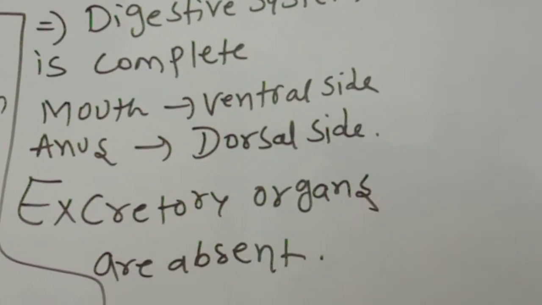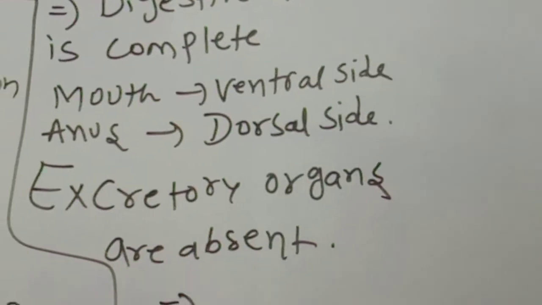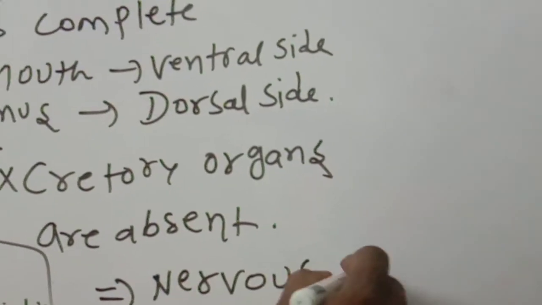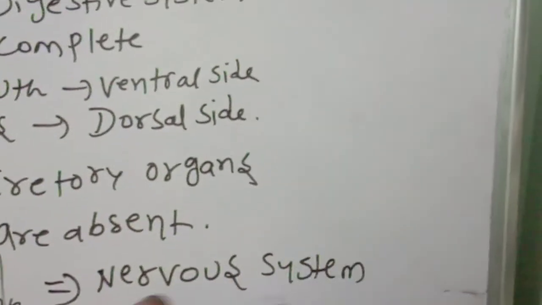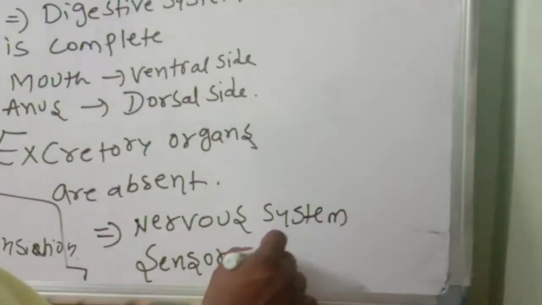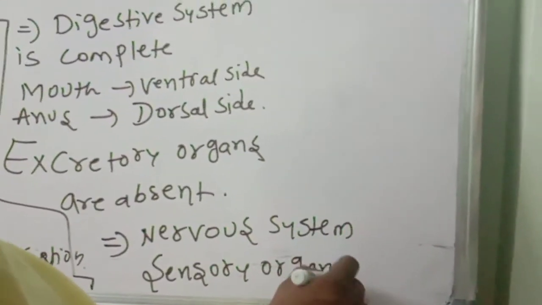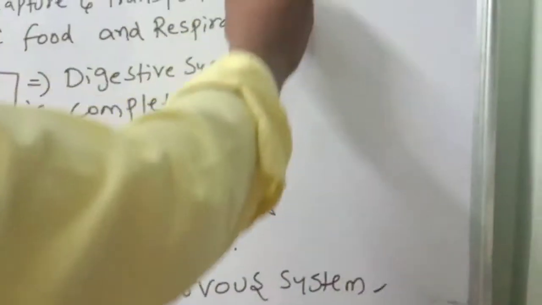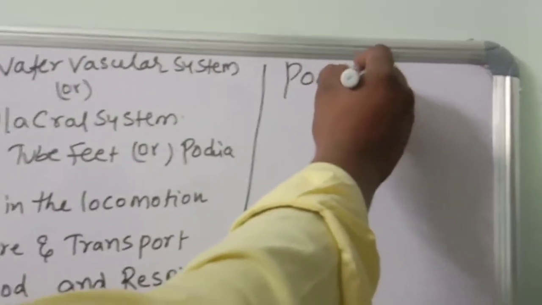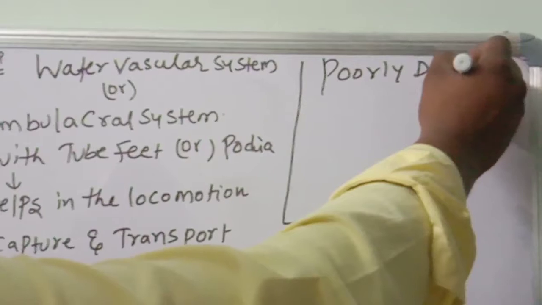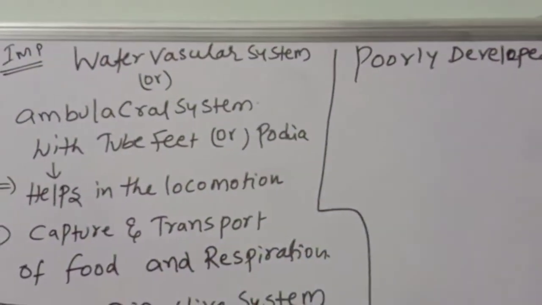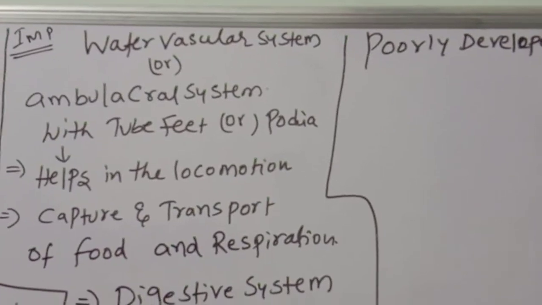The nervous system and sensory organs are poorly developed. That point you should remember.